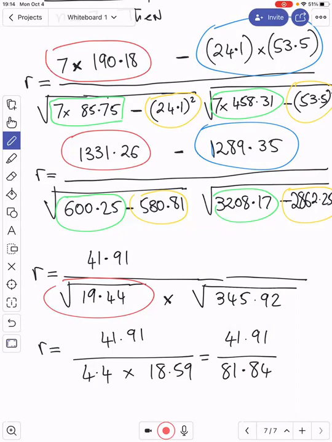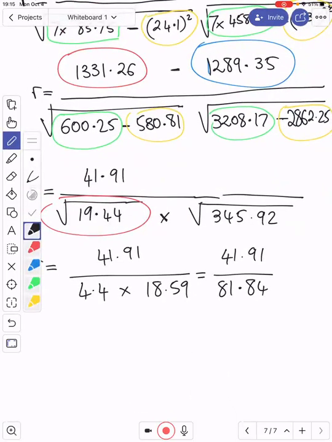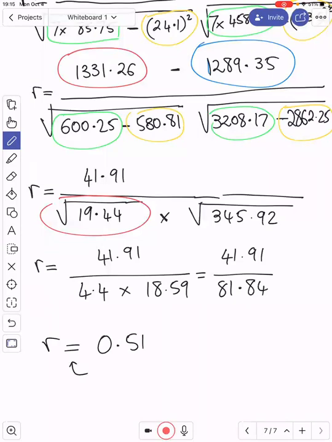So when you divide, finally your R, the sample correlation coefficient, is going to be approximately 0.511 or 0.51, let's say. Okay, so it's approximately 0.51.